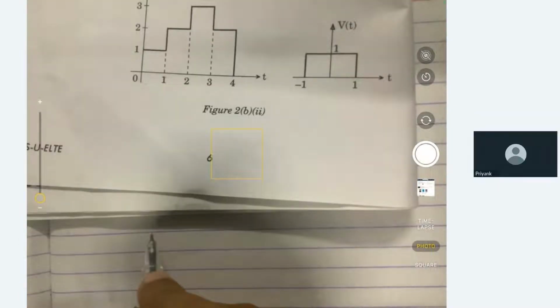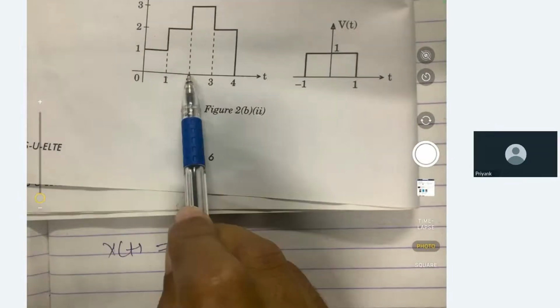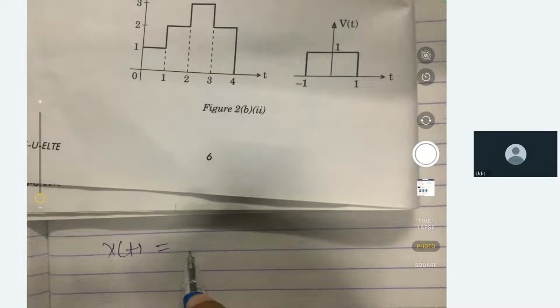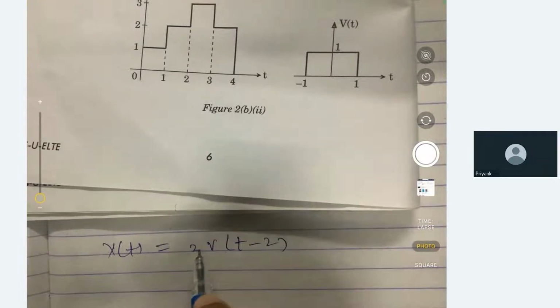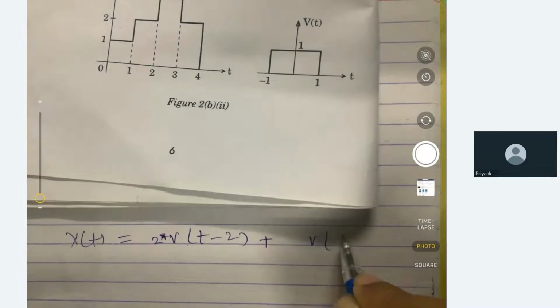x(t) is equal to, first shift this to here. So we will find this center term. I think it will be v(t minus 1) plus v(t minus 2) plus 2 v(t minus 3). So we have completed this, and then we will add v of (t minus 0.5) divided by 2.